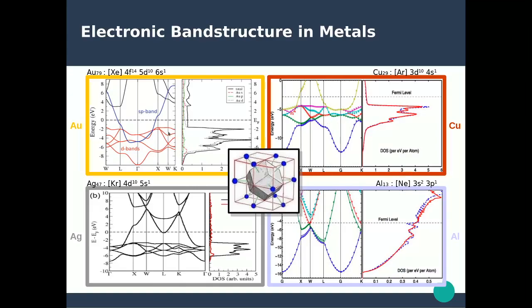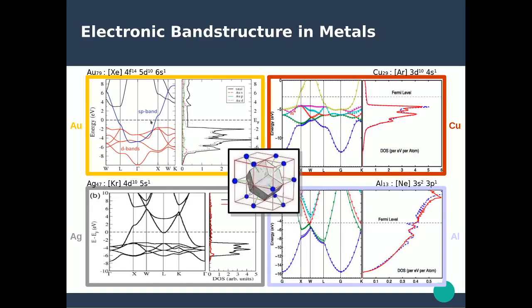There are a few things that we can notice here. There's a very dense region where you have a lot of D bands that are formed. Those D bands are the valence bands of those metals. They are way below the Fermi energy, which is shown by this dashed line here.